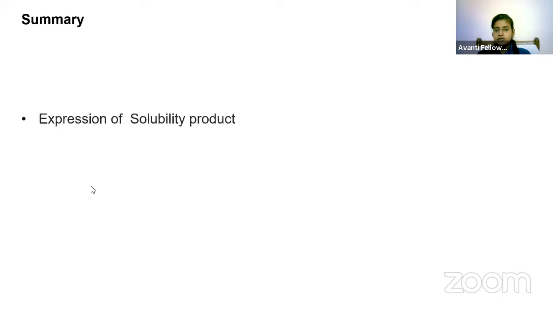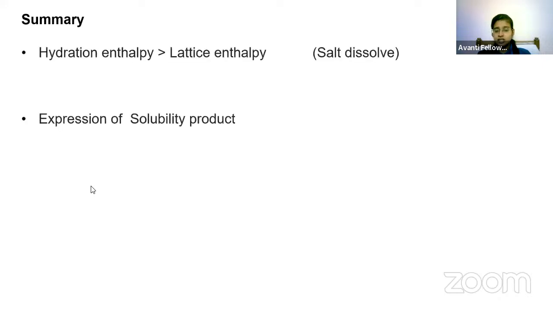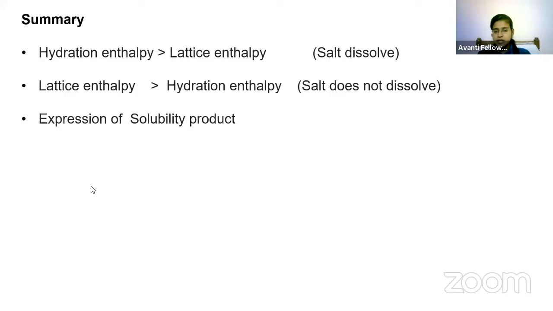So with this, we are completing the chapter. Let me summarize the solubility product. So first of all, we have studied how to write the expression for the solubility product. And before that, I discussed the solubility equilibria. When hydration enthalpy is greater, salt will dissolve. If lattice enthalpy is greater, salt will not dissolve.